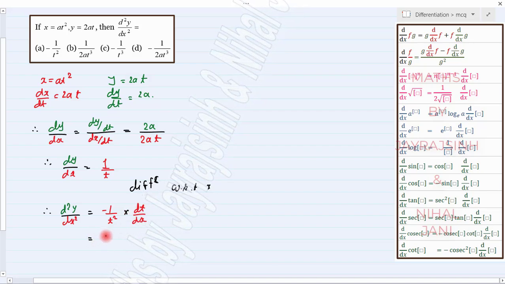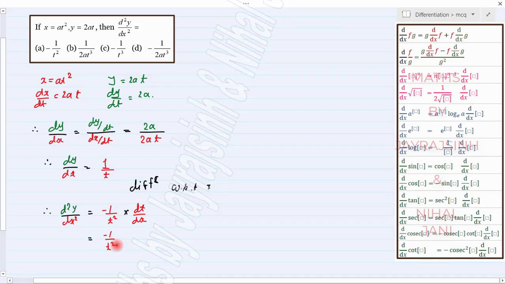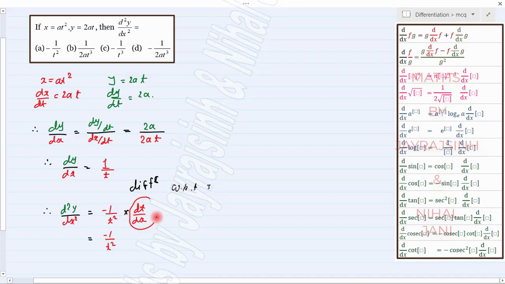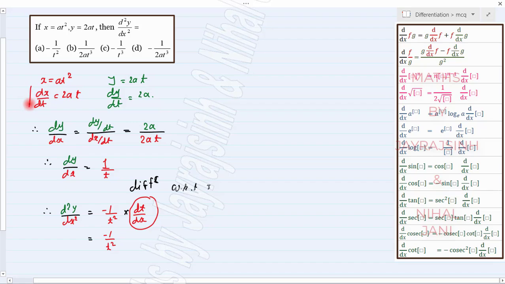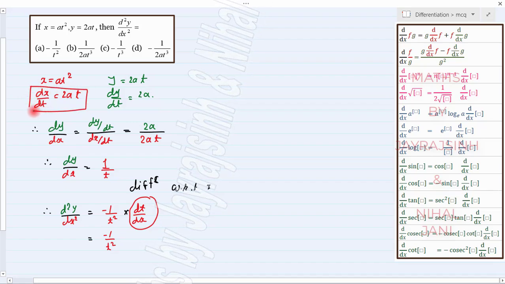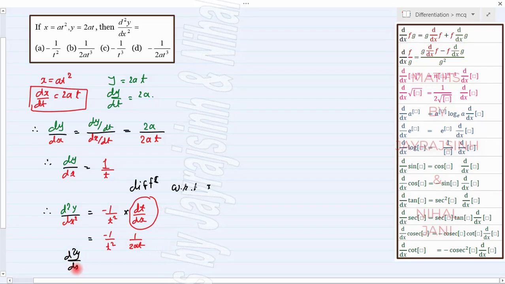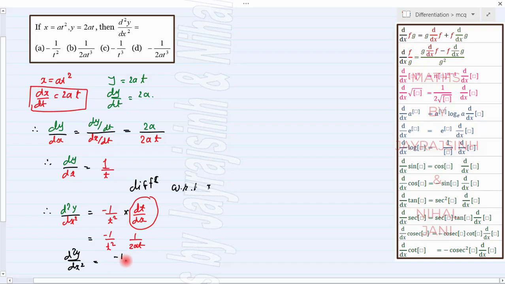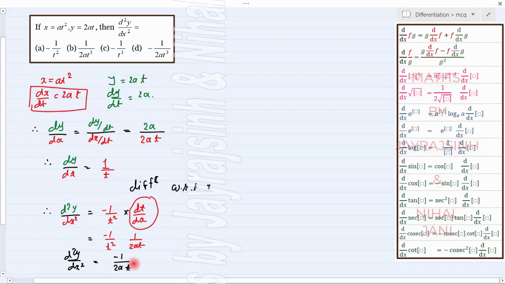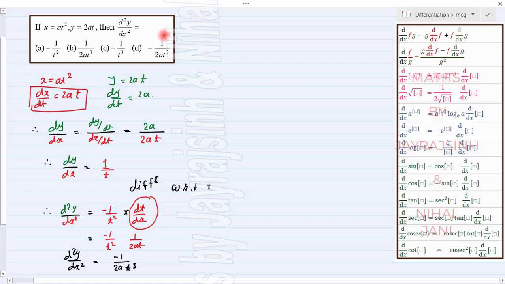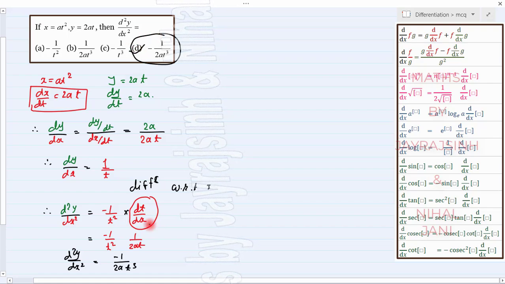So here minus 1 by t square will be as it is. We need the value of dt by dx, which is nothing but the reciprocal of dx by dt. So here we'll get 1 upon 2at. So your d square y by dx square is simply minus 1 upon 2at cube, which is given in option D.